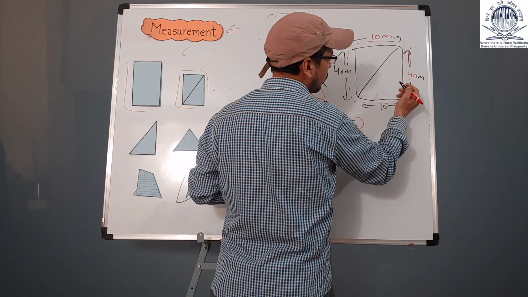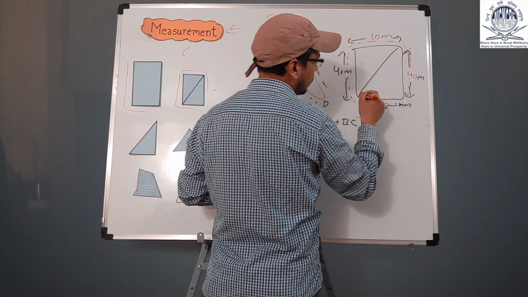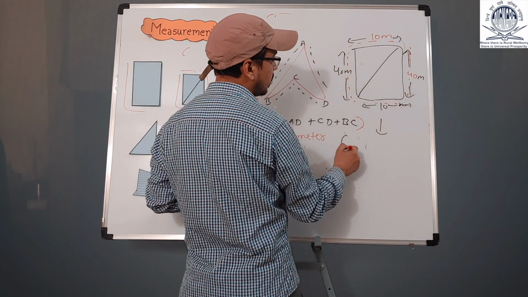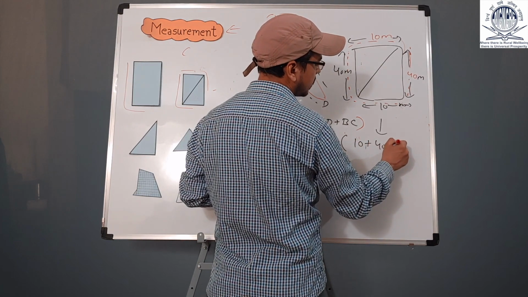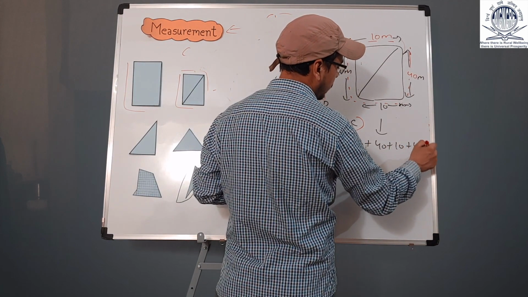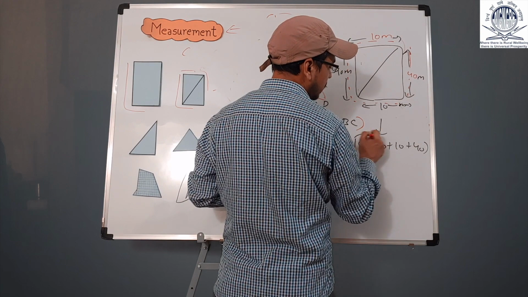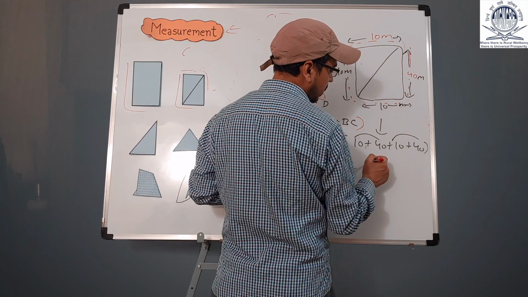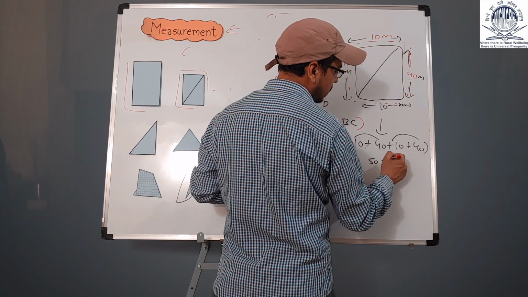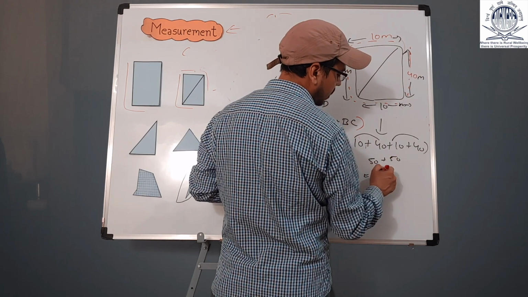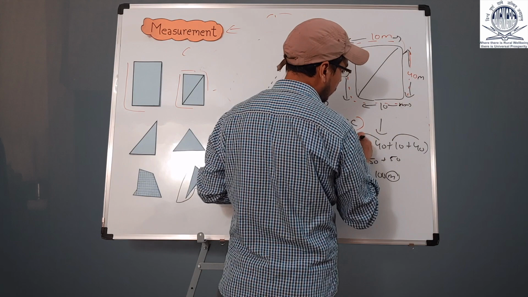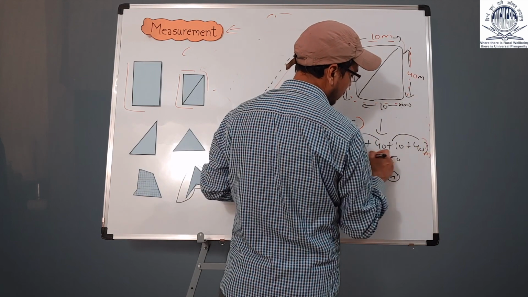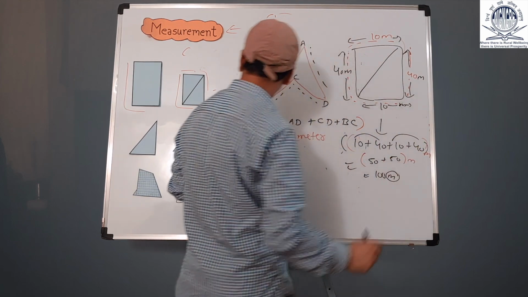Now when you get the sum of all these sides, you will get 10 plus 40 plus 10 plus 40, which comes out to be 50 plus 50, which comes out to be 100. So you get 100 meters. You can put the unit later, or you can just keep adding meter in brackets.